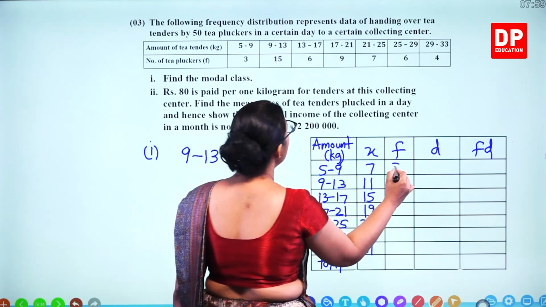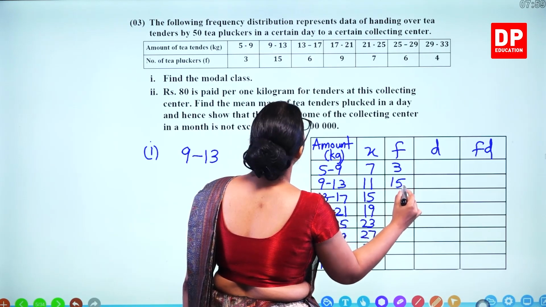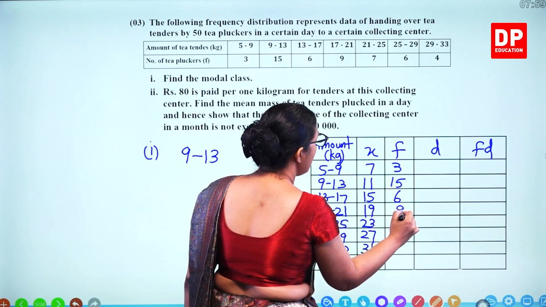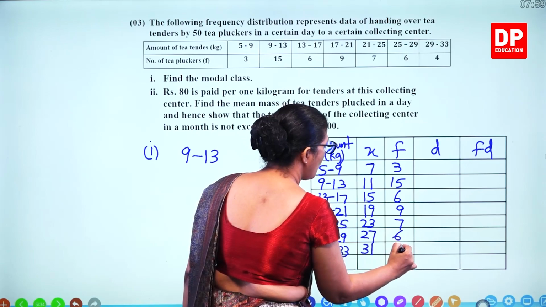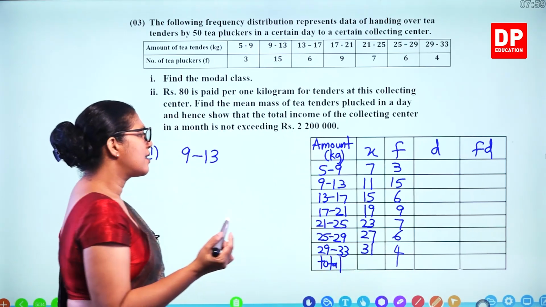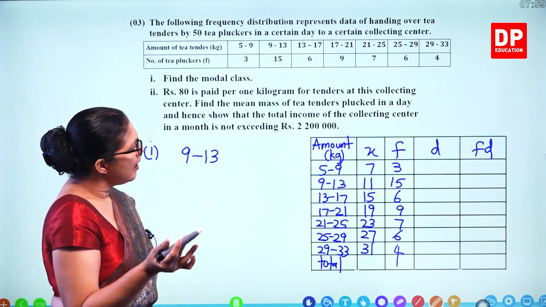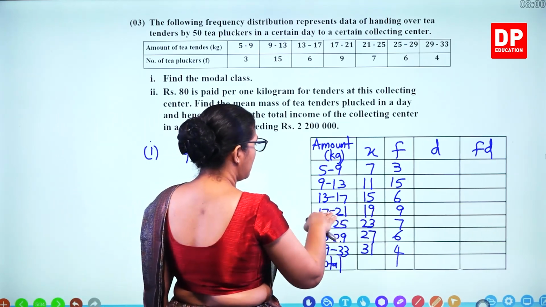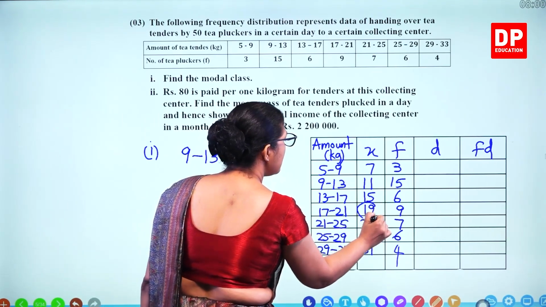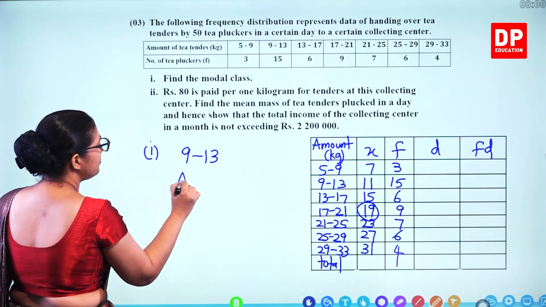Frequencies are given: 3, 5, 6, 9, 7, 6, 4. So we can assume the mean to be anything. We'll take something like 19 as the assumed mean.